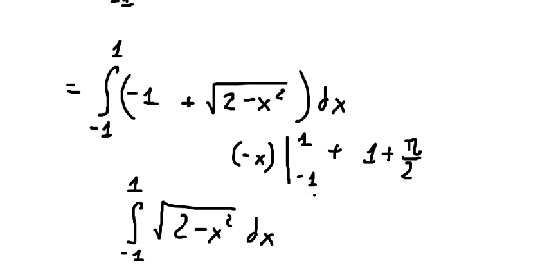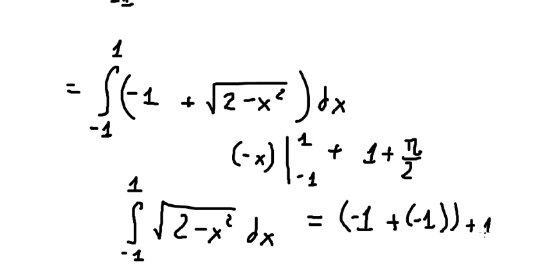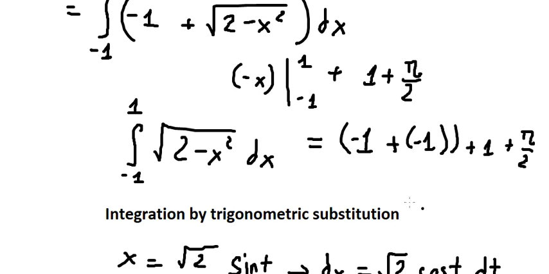So I will put 1 and negative 1. That should be like this. So we have pi over 2 minus 1. This is the end.